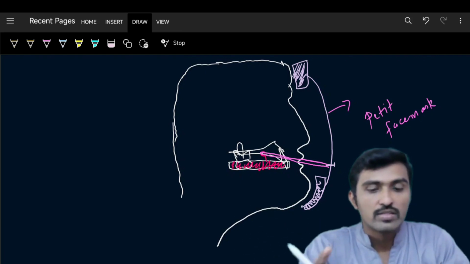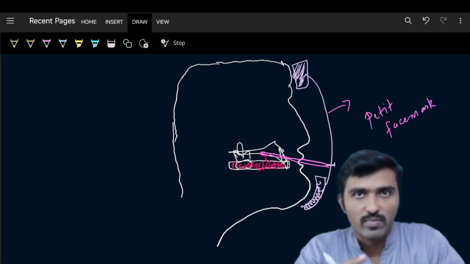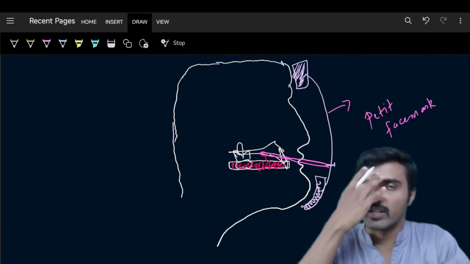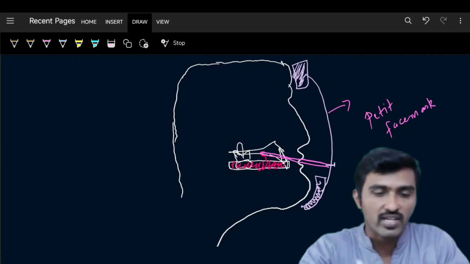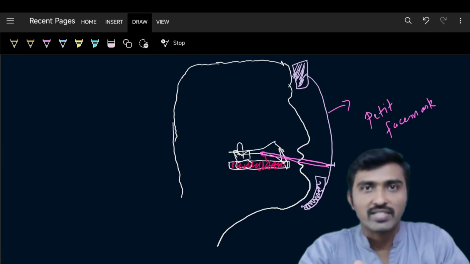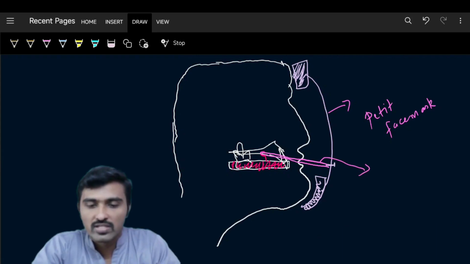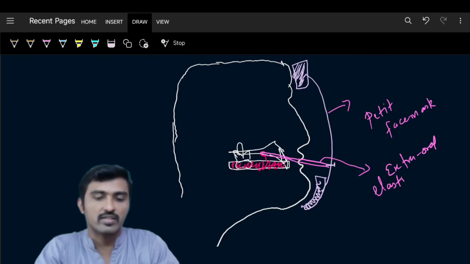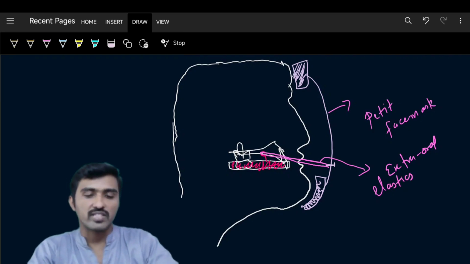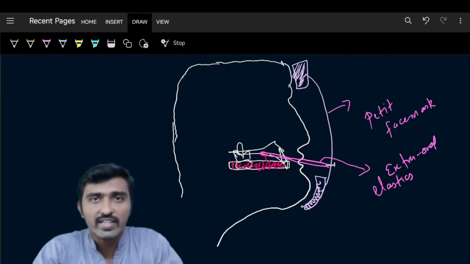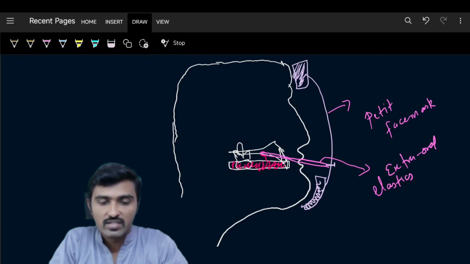In this case, we will have a face mask with forehead and chin anchorage, and it will pull the maxilla with the help of an elastic. So these are the extraoral elastics. Now, the question is, what should be the angulation of these elastics to the occlusal plane?